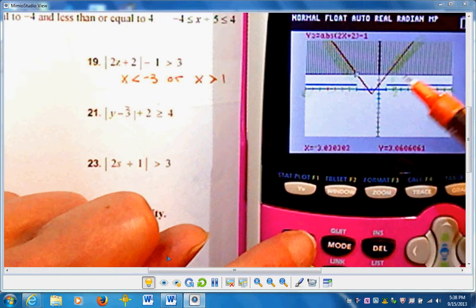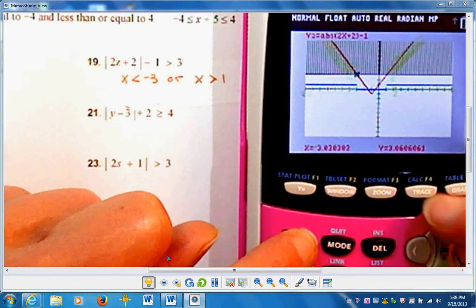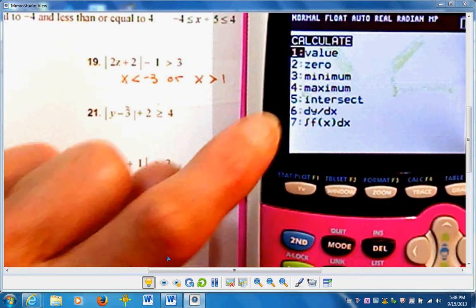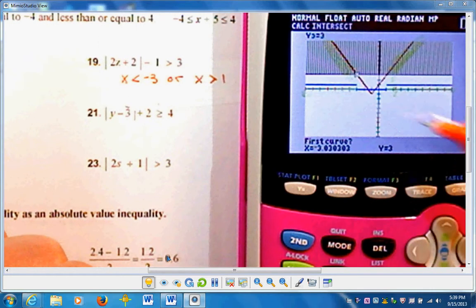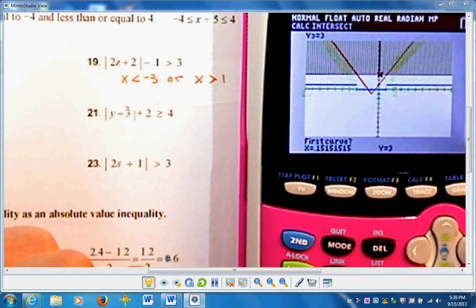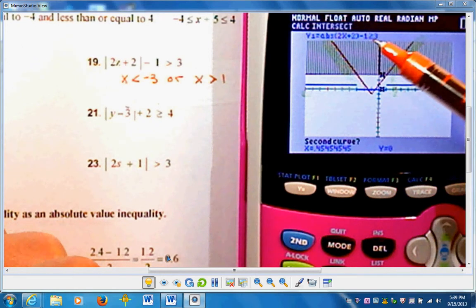So let's go and do this side over here. Second trace, intersection, which is 5. I don't want to be on that line, so I'm going to move my arrow up. Now I'm on my line y equals 3. So I'm going to move closer to where I want my intersection, which is over here. I'm going to push enter, and it went back down to y1.